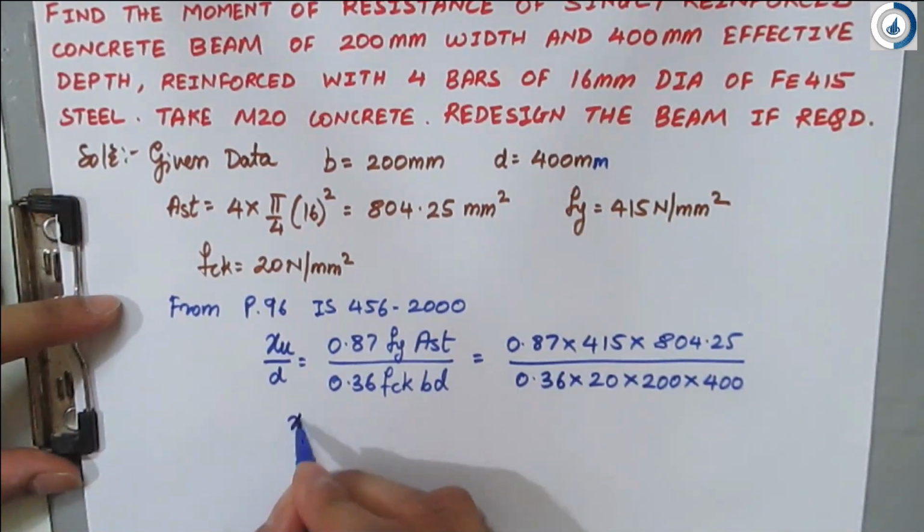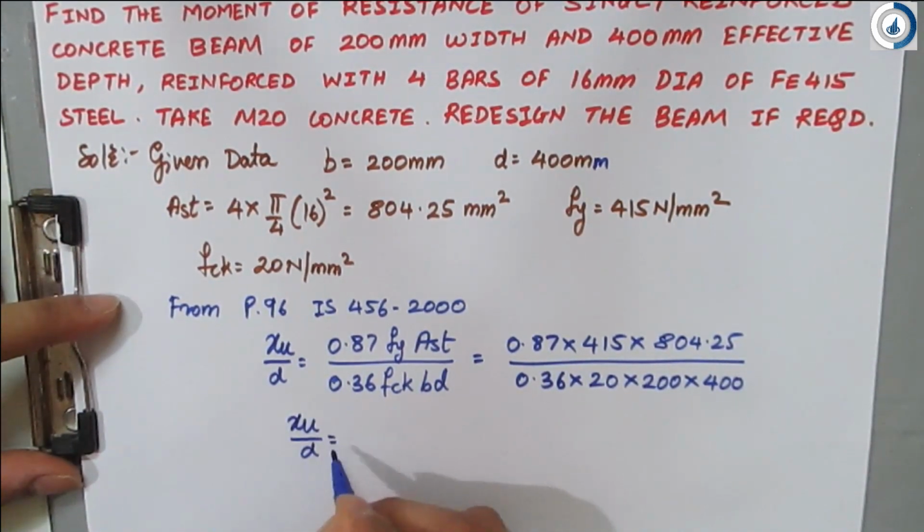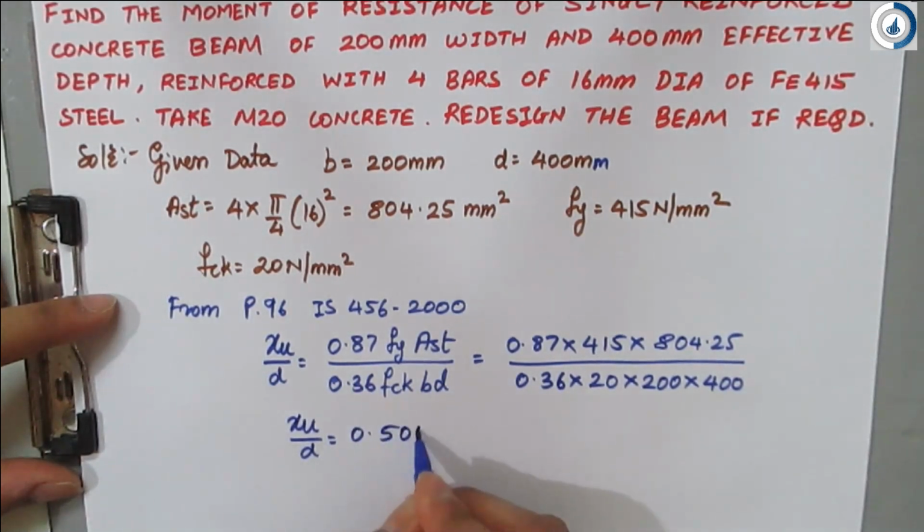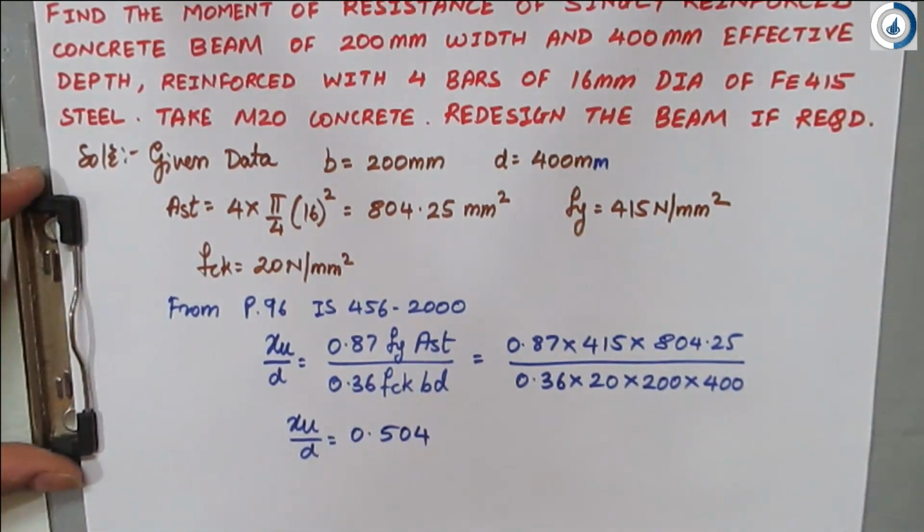Now just simplify the xu by d value, and you will get 0.504. This is the value you got.